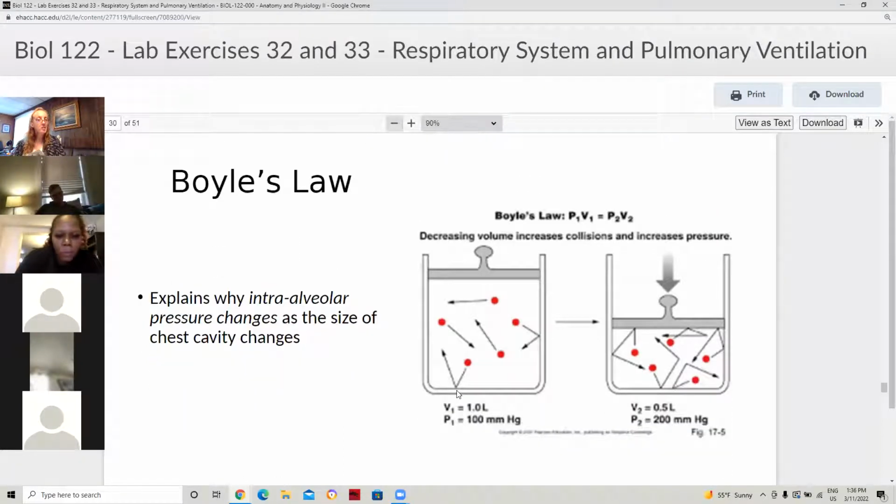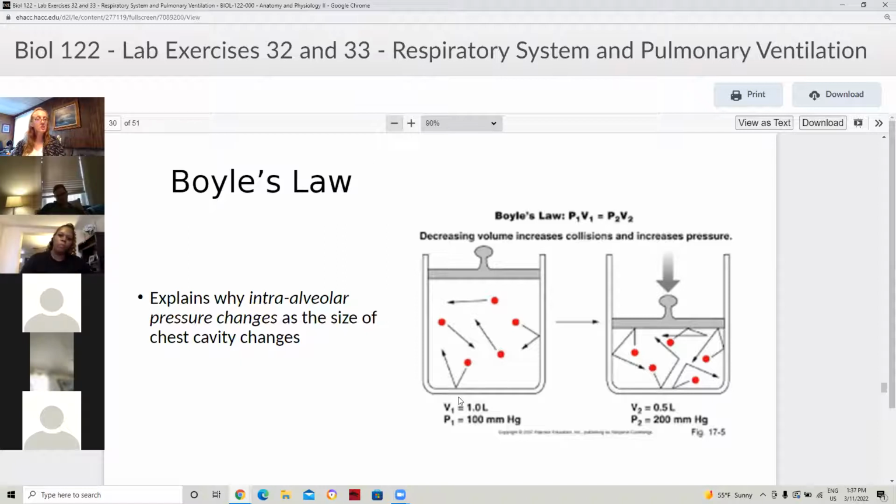some basic laws of pressure. Boyle's law says that if you decrease the volume of something, you increase the collision of molecules and you increase pressure. So let me put it a little differently here. If you decrease the volume that a gas is in, you increase the pressure.